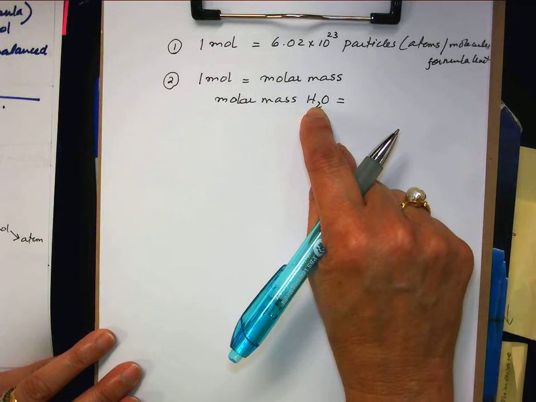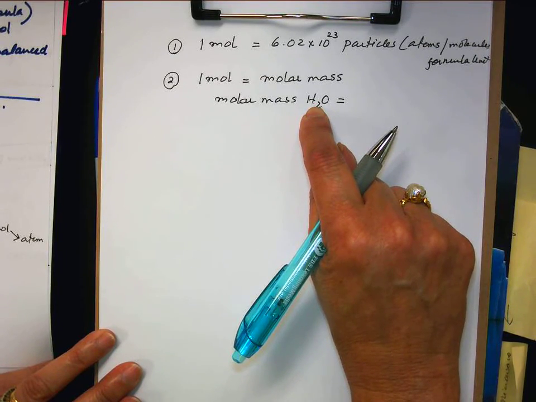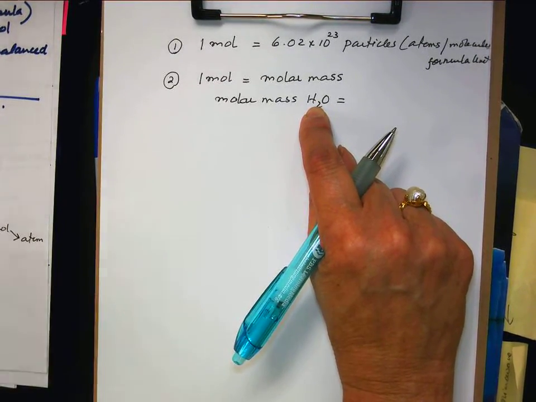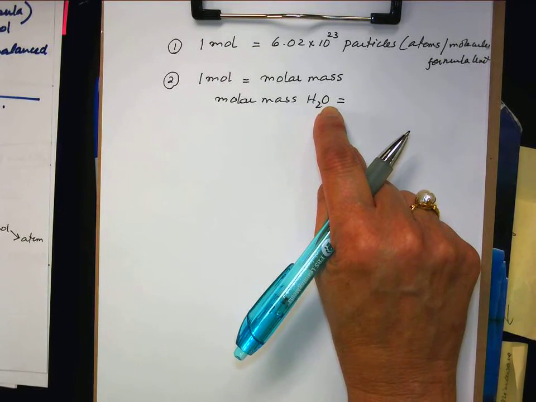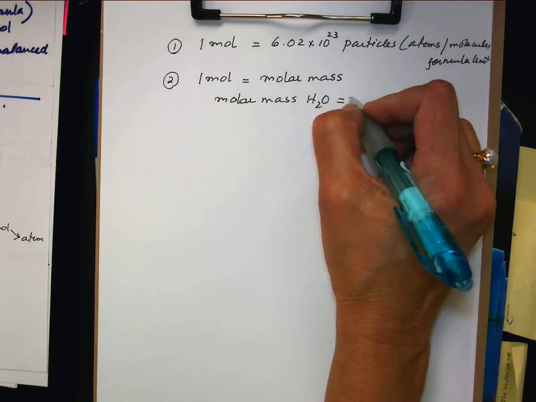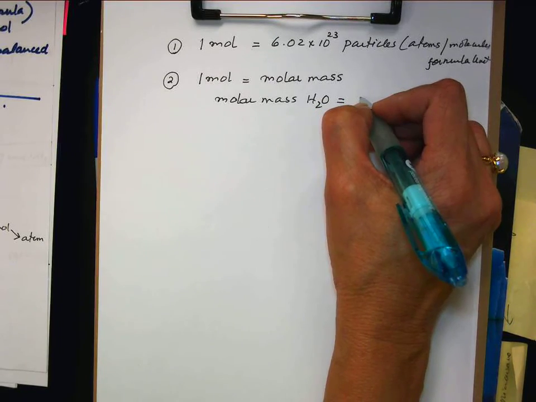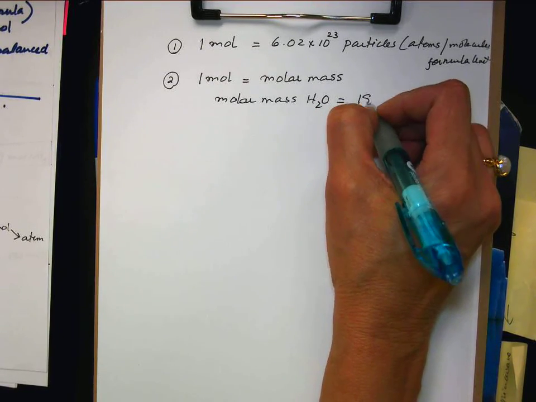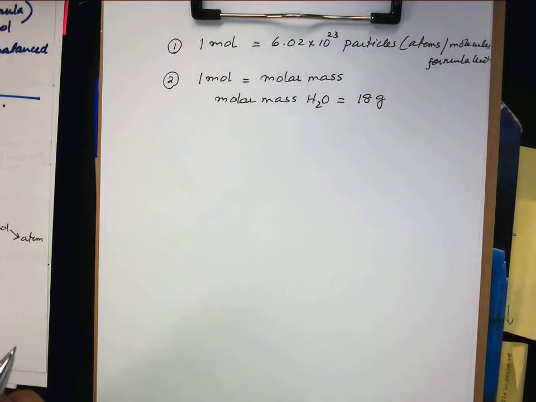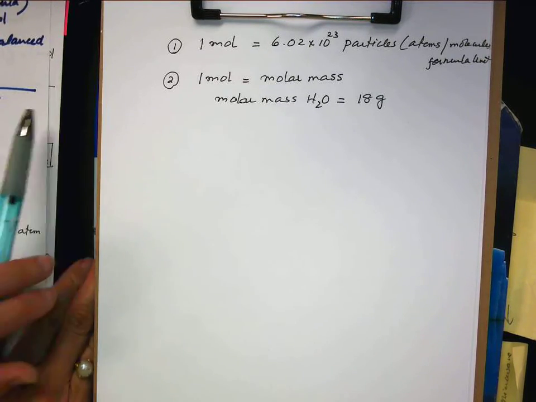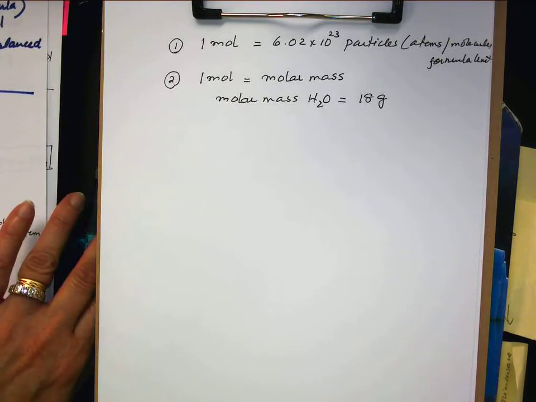The mass of 2 hydrogens and the mass of oxygen combined. So it will be 2 plus 16, so 18 grams is the molar mass of 1 mole of water.